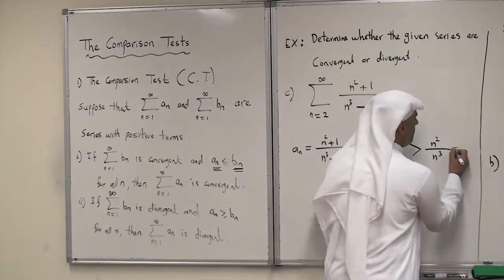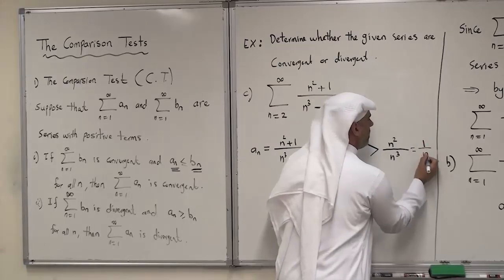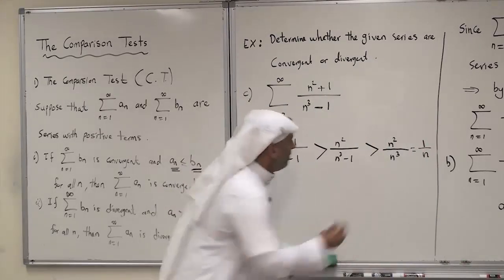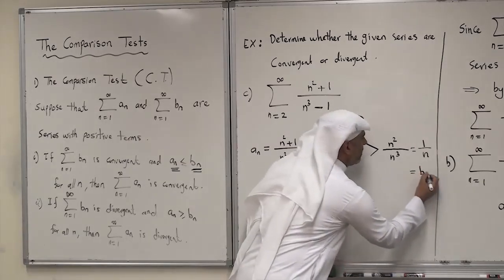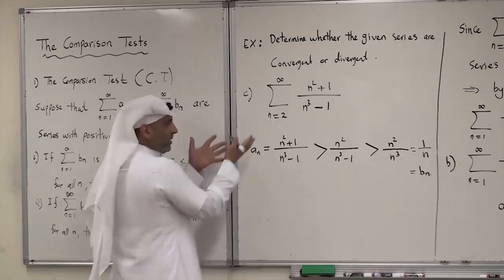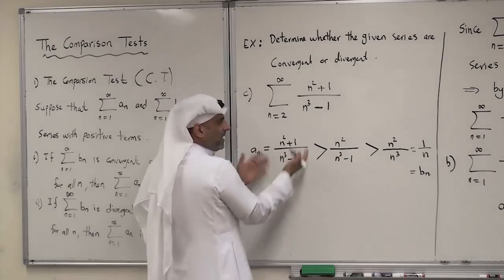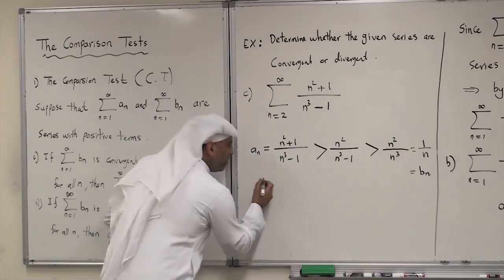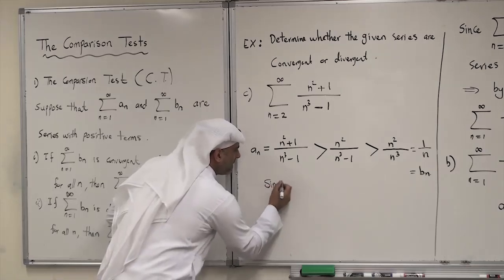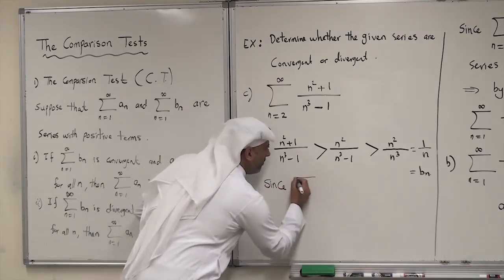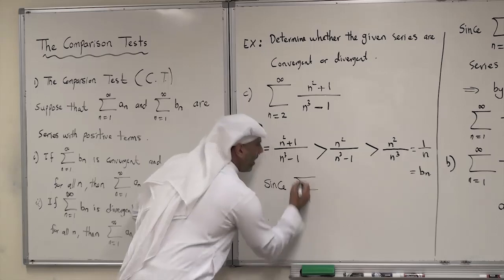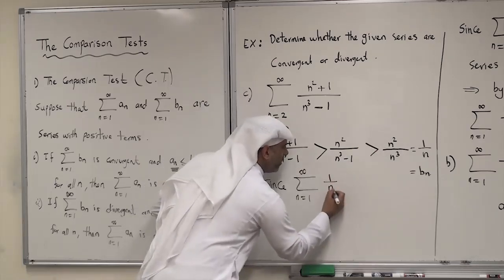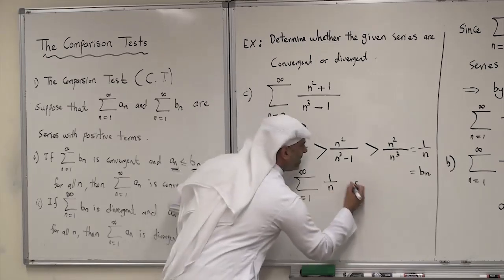Okay, but now what is this? This is 1 over n. What is the conclusion now? If you call this one bn, the terms of an are larger than 1 over n. That's the conclusion. And we know that the summation from n equal to 1 up to infinity of 1 over n is divergent.